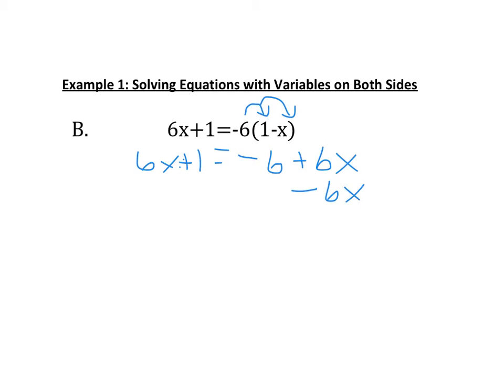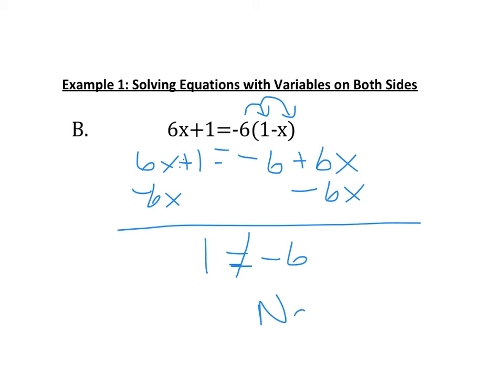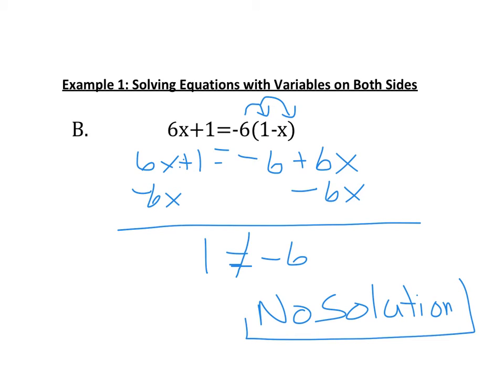Well, it doesn't really matter what we do here. It looks like if we subtract 6x and subtract 6x, that's going to leave us with a 1 equal to negative 6. At this point, this is something that is not equal, so we're going to call this no solution. And that is all we're looking for at this problem.